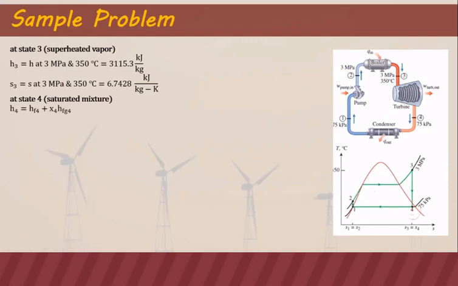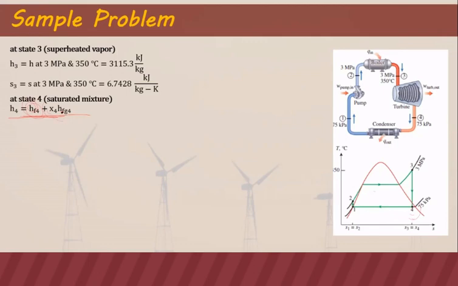So we'll use our mixture formula. If we have a saturated mixture, we will use this formula: HF4 plus X4 HFG4. Basically, our HF is the saturated liquid enthalpy at this point. X is the quality.